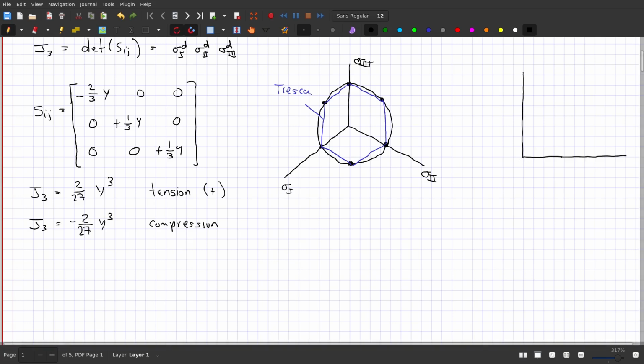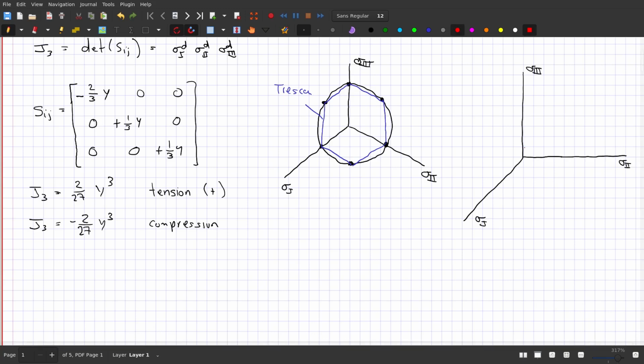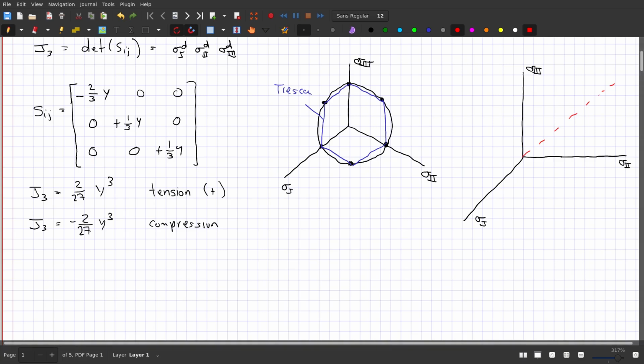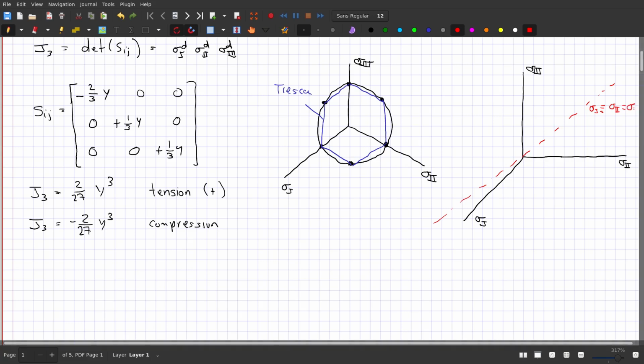So again, if this is sigma 1, sigma 2, sigma 3, and this is that hydrostat, this is the line sigma 1 equals sigma 2 equals sigma 3.